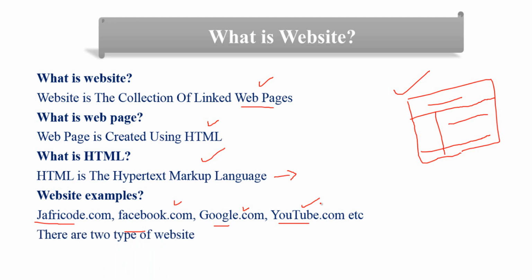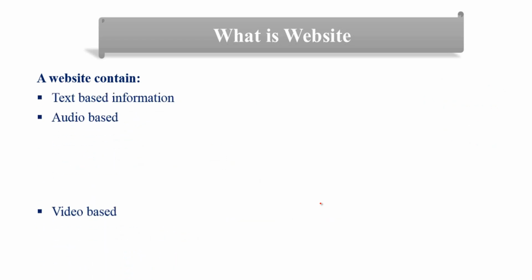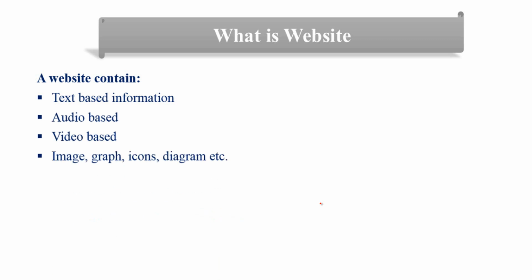There are two types of website. Fundamentally, there are two types or categories of website. One is static, another is dynamic. A website may contain text-based information, audio-based, video-based, and also images, graphs, icons, diagrams, and a collection of all of the above.